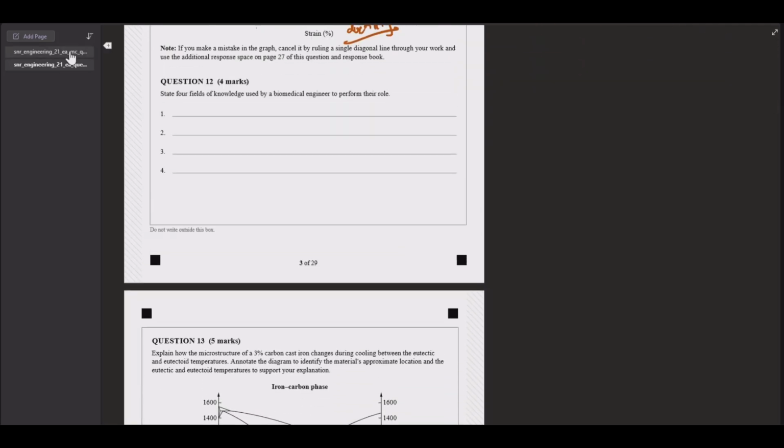Question 12. Four fields of knowledge used by a biomedical engineer to perform their role. So biomedical engineers have a range of duties. They can be operating software, like diagnostic software, or machines as well.